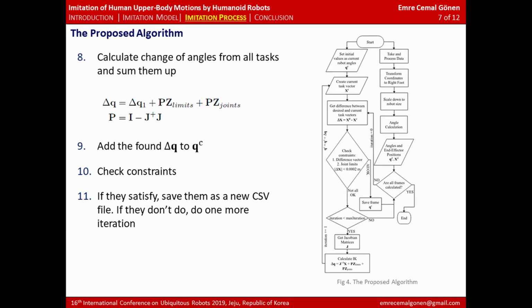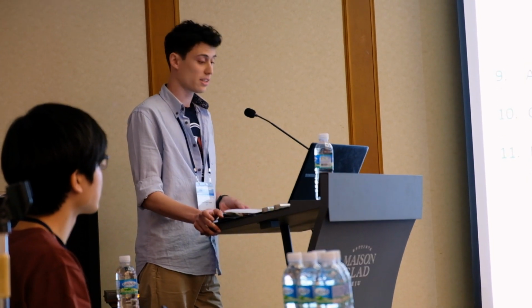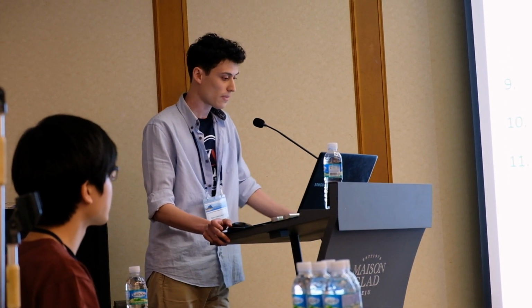And I have different changes of angles from each task. After summing them up, I have the solution after one iteration step. Then I check constraints. If they are all okay, I go to the next frame. If they are not okay, I do this iteration one more time.